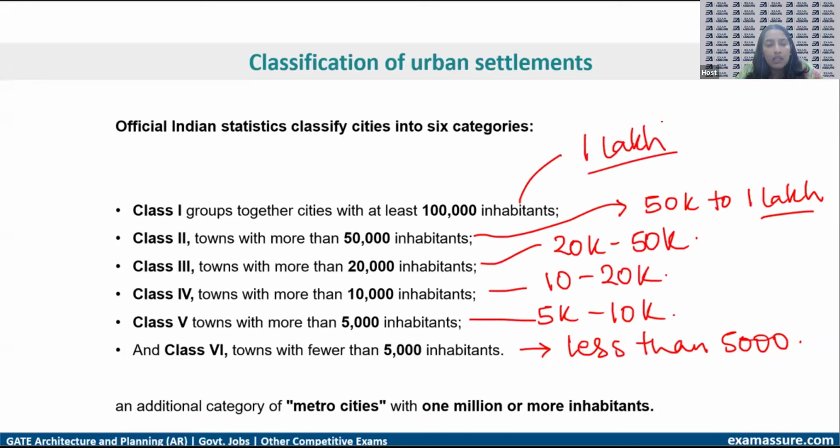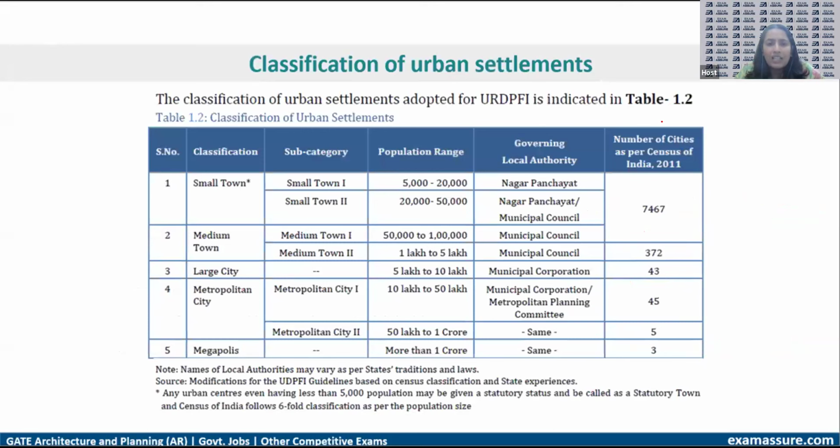Okay, and in addition to that, areas or cities with more than 10 lakh population or more than 1 million population are your metro cities. So again, as per the URDPFI, we have another classification in terms of small towns, medium towns, large cities, metro cities, and megapolis. So small towns have a population of between 5 to 50,000, medium towns between 50,000 to 1 lakh, large cities 5 to 10 lakhs, metro cities 10 lakh to 1 crore, and megapolis more than 1 crore.